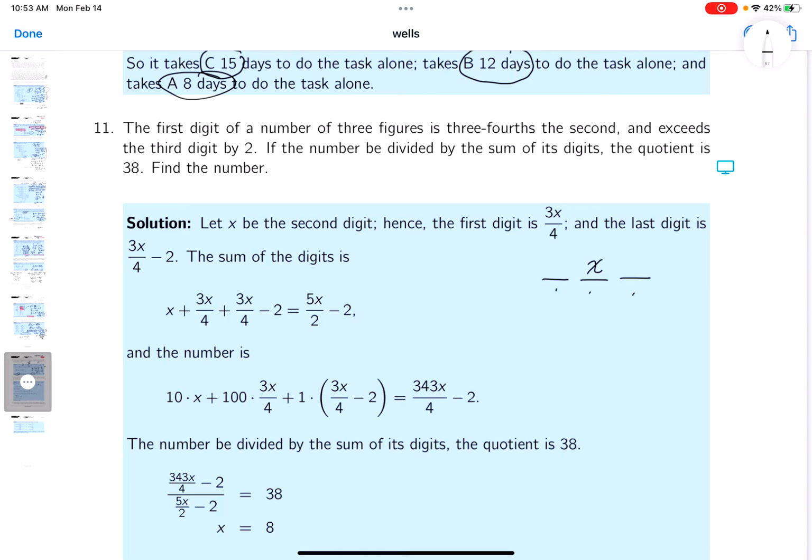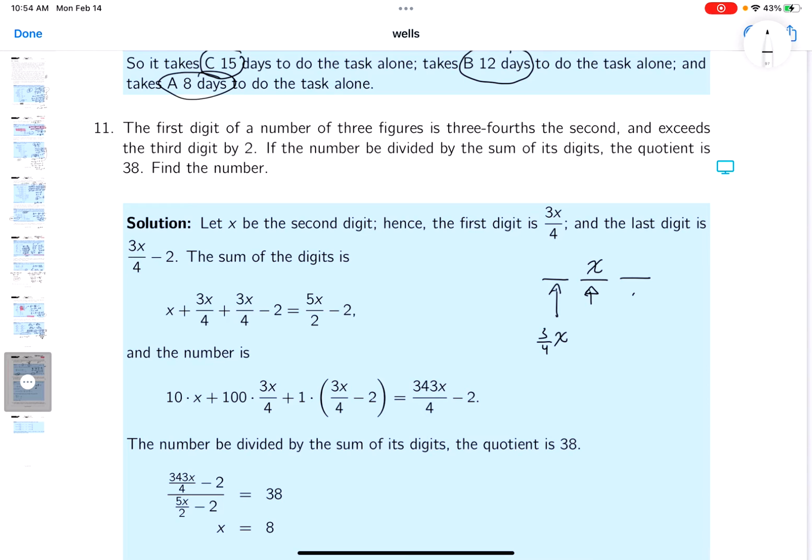So anyway, let's write this down. So this is the second digit over here. I'm just reading it, and then we'll go to the key in a second. The first digit of a number of three figures is 3/4 the second. So this digit over here is 3/4 of X. I had to keep reading it. The first digit is 3/4 the second and exceeds the third by 2.